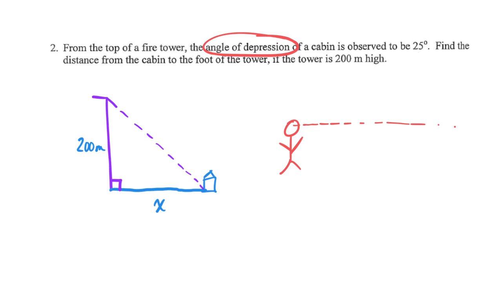Remember, angles are always started from neutral position. So if I get rid of my wonderful artwork, then what you might see is the person standing at the top of the tower begins their angle by looking straight out. If it says angle of depression, then that is their angle of depression, which is 25 degrees. And notice, it is not inside your triangle. Easily the most common mistake.